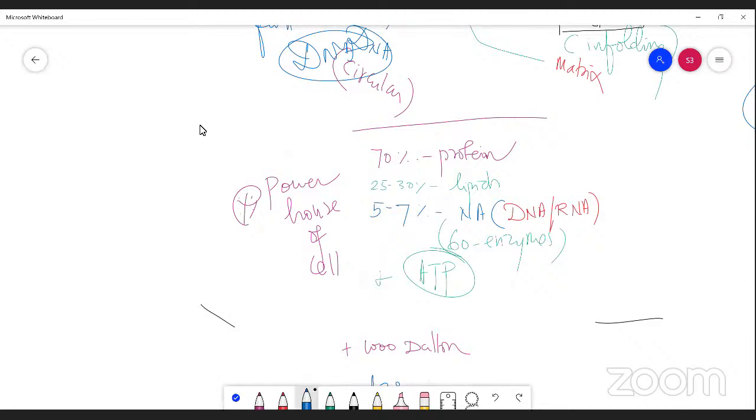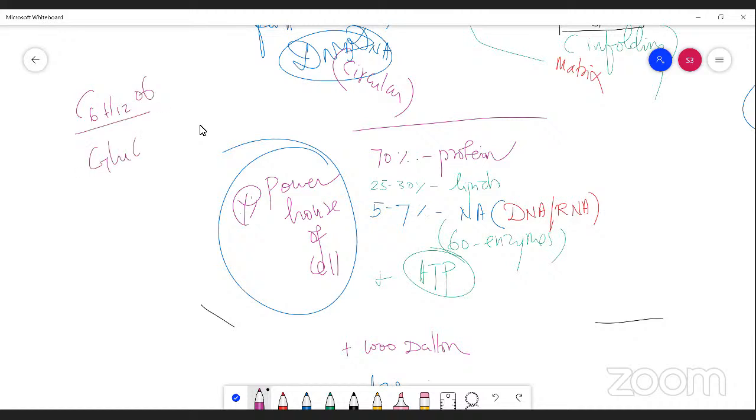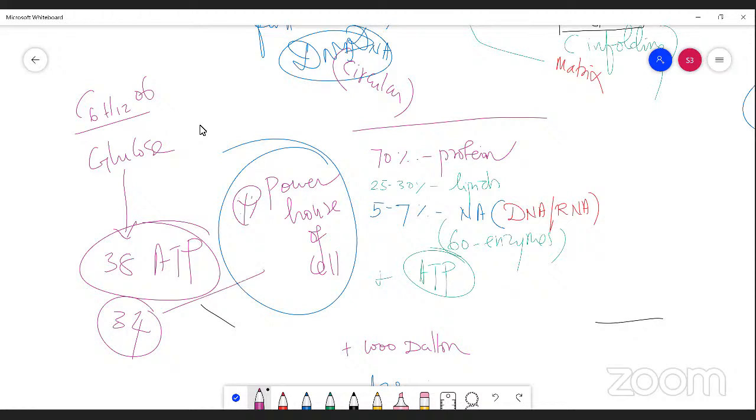It is the powerhouse of the cell. If you take a molecule of glucose, C6H12O6, which is broken down in mitochondria, it releases almost 38 ATP molecules. Among these 38 ATP molecules, almost 30 to 34 are generated by the powerhouse of the cell, mitochondria.